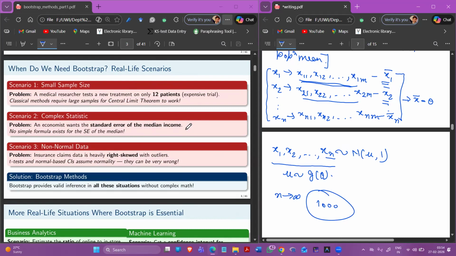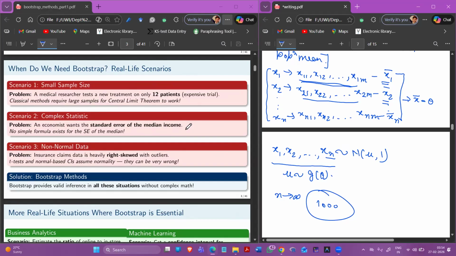And some diseases are very rare, right? Yes or no? In real life, we have some diseases that are very rare, one in millions, like that. So at that time, we don't have enough data. So we have a small sample. So how will I go for estimation? The classical method requires a large sample for the central limit theorem to work.